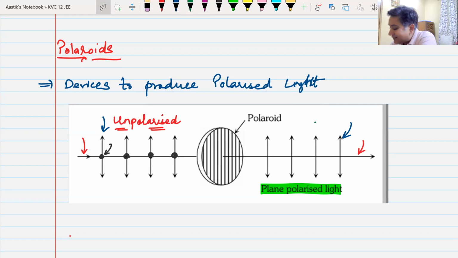Now you can see these lines here and you can just write it. These are basically, you can call it, the transmission axis of the polaroid.